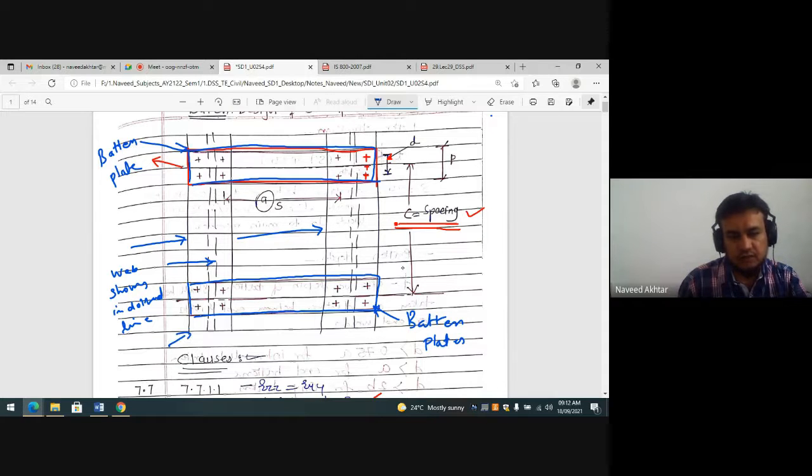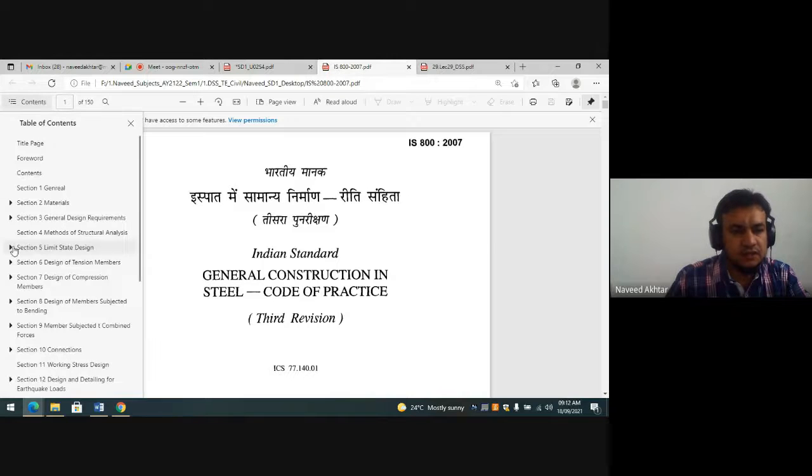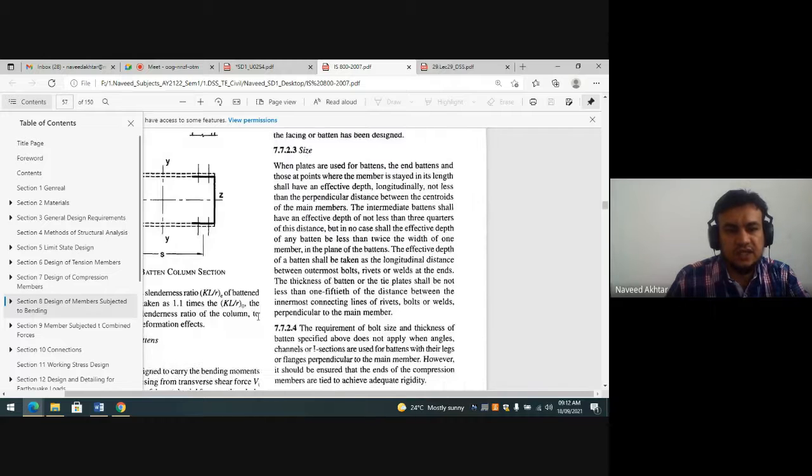The main column with two I sections is joined with the batten cross plates. So this system is called the battening system.